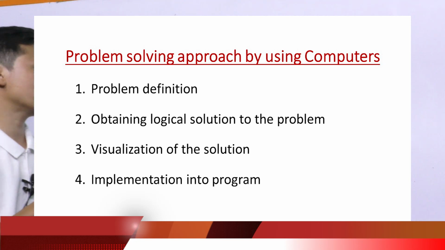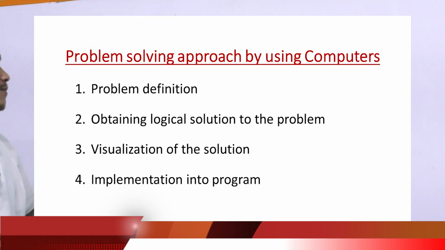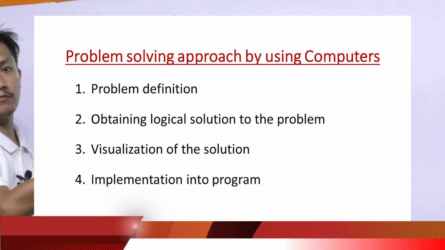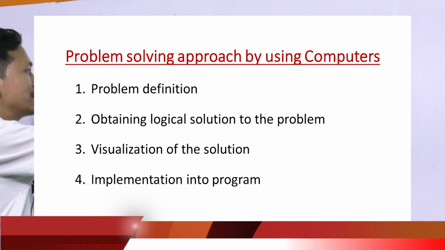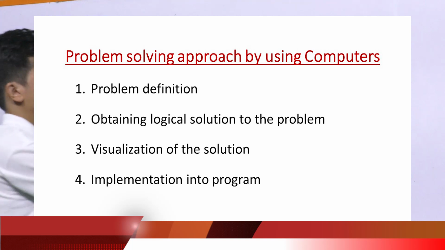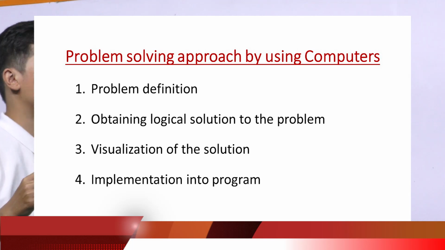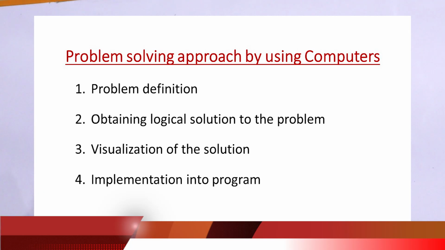Number 3 is visualization of that logical solution, which is known as a flowchart. Although for advanced programmers this visualization step is optional, for beginner programmers it is highly recommended.